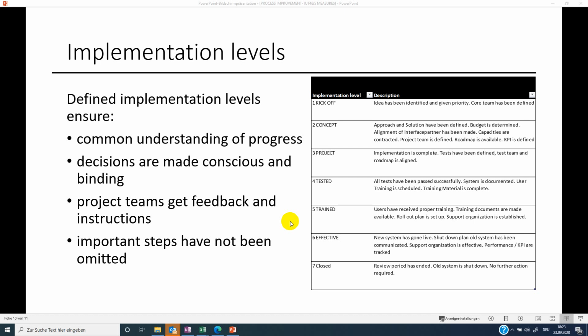Second, decisions are made more consciously and are binding. What I mean with that is there are a couple of instances where it is important to align with the leadership and to check whether we are heading in the right direction. Usually this is when the concept is available, and we sign it off and say, yes, this is what we want to have implemented.